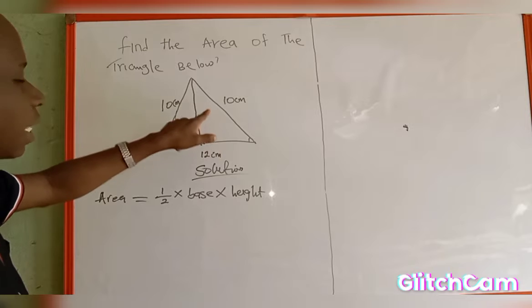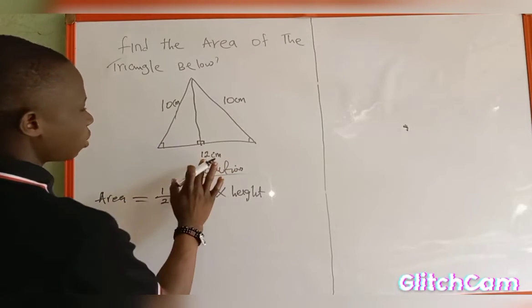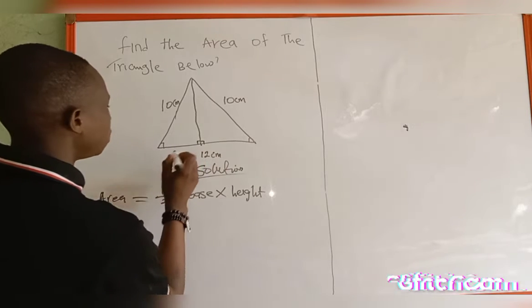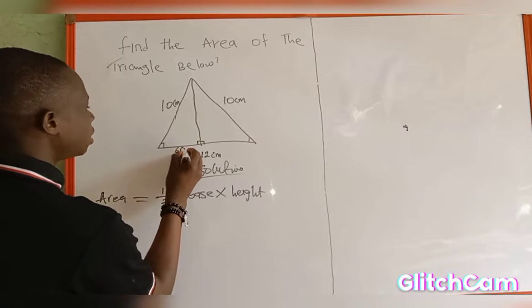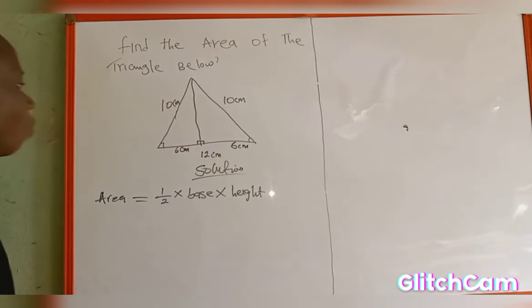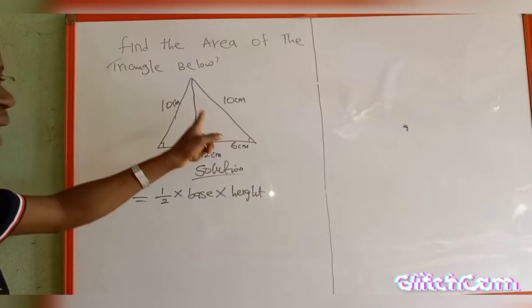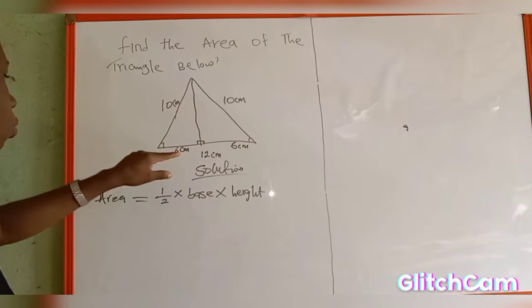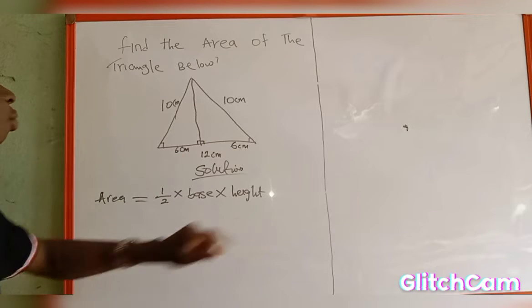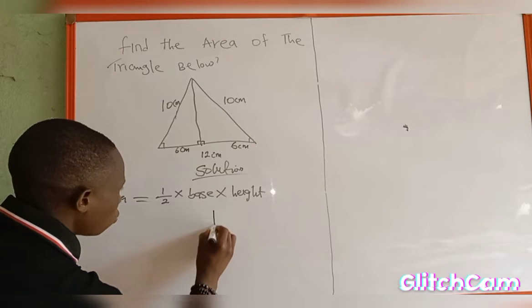So we are going to find the height of this triangle. Remember, if you bisect this triangle, this place is 12 centimeters, so this place will be 6 centimeters, and this place will be 6 centimeters. So we are going to remove this right angle triangle and look for the height before we can substitute into this formula. So let me bring the triangle out.